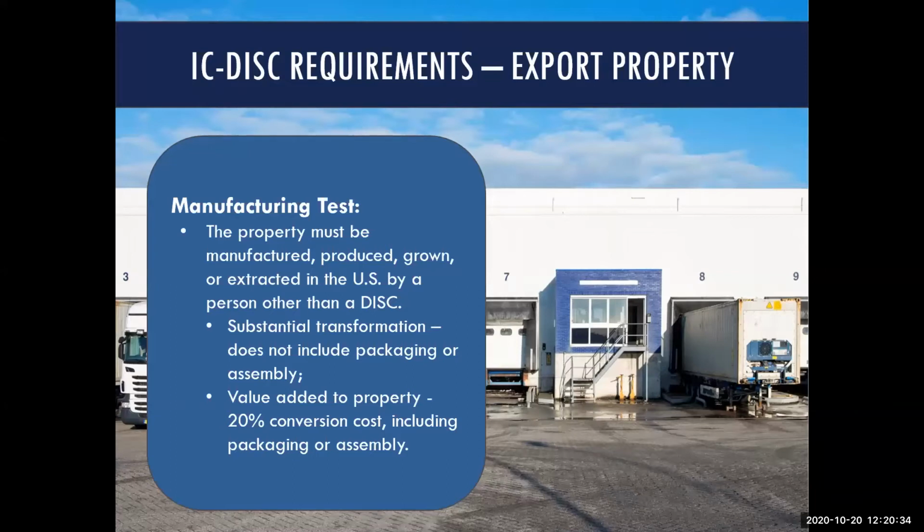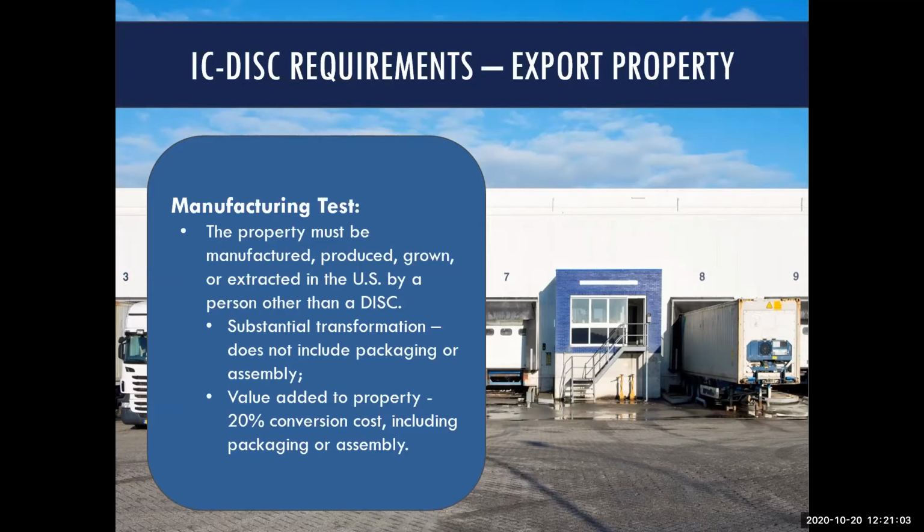So the first test, the manufacturing test: the property being sold must be manufactured, produced, grown, or extracted in the US by a person other than a DISC. And we can achieve manufactured in the US for this purpose in one of 2 ways. First, it's substantial transformation of property.